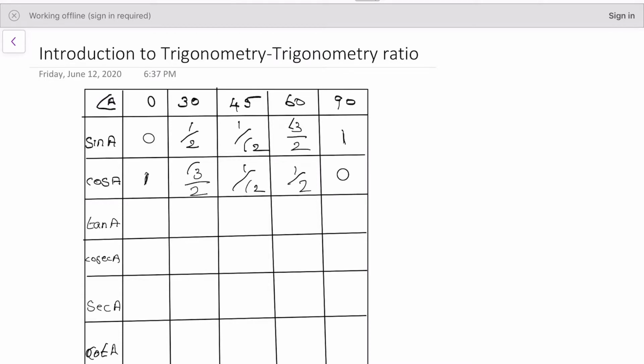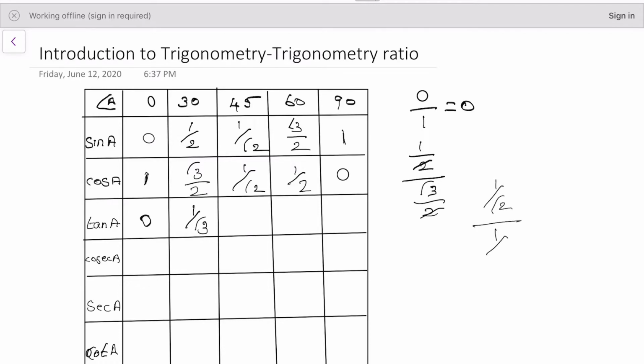As we know, tan A is sine A by cos A. So you can write it like this. Tan 0 is 0 by 1, which is 0. For 30, it is 1 by 2 divided by root 3 by 2, which is 1 by root 3. Then for 45, 1 by root 2 divided by 1 by root 2, root 2 gets cancelled, it is 1.